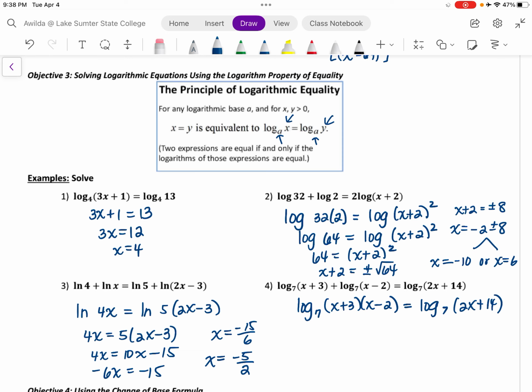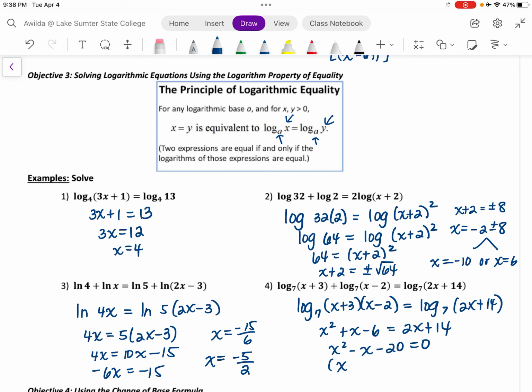I'll go ahead and set x plus 3 times x minus 2 equal to 2x plus 14, and distributing, we get x squared plus x minus 6 is equal to 2x plus 14. Looks like we have a quadratic equation, so let's clear one side. We have x squared minus x minus 20 equals 0.